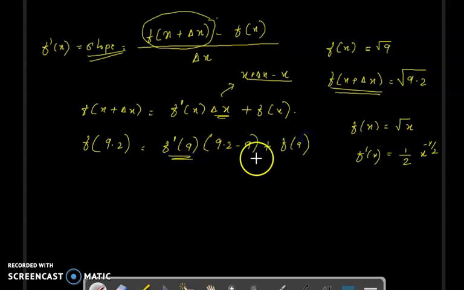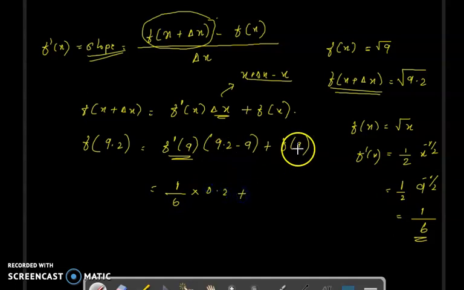So what is f dash of 9? Substituting the value, 1 by 2 times 9 to the power minus 1 by 2, this becomes 1 by 6. Putting the values in, 1 by 6 times 0.2 plus f of 9, which is 3.